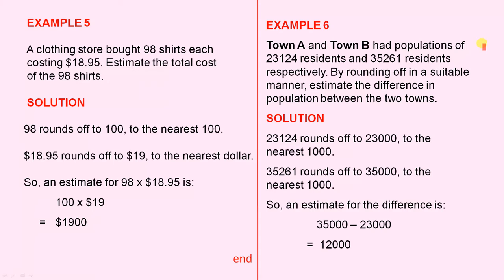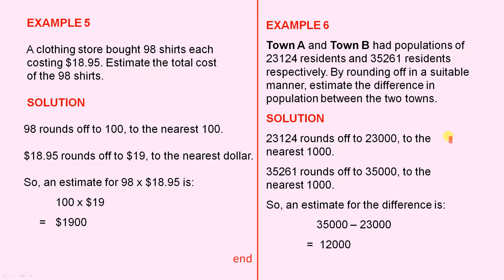Example 6. Town A and Town B had populations of 23,124 residents and 35,261 residents respectively. By rounding off in a suitable manner, estimate the difference in population between the two towns.